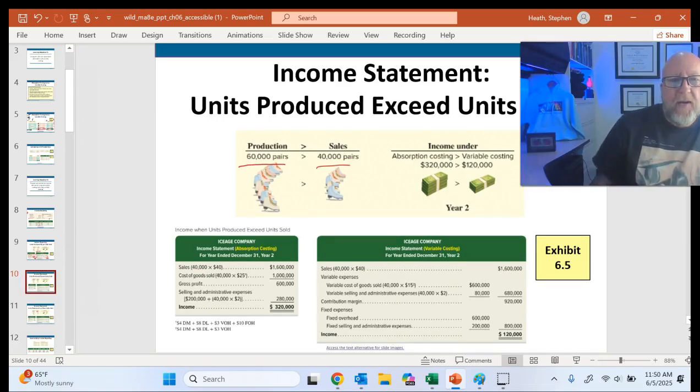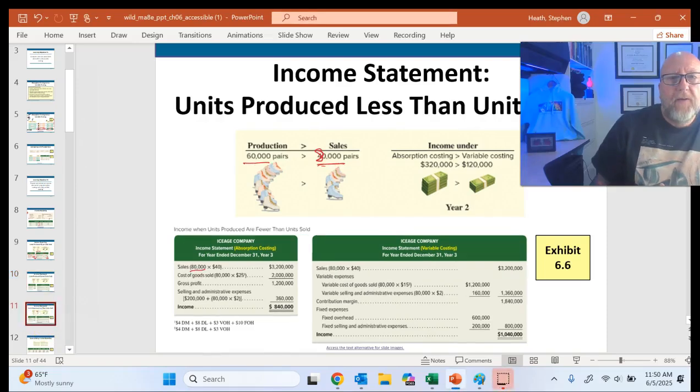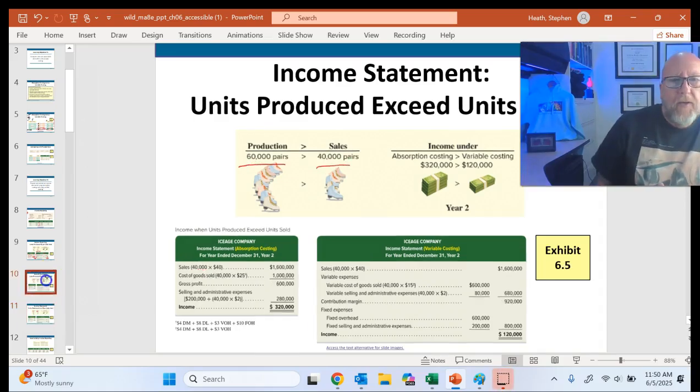Okay, so this one is right. Wow. This one is wrong. Yeah, this definitely needs to be 80,000, where units produced is less than. Okay, so going back to this example, this looks right. Okay, good. We are producing 60,000 units and we are going to sell 40,000.